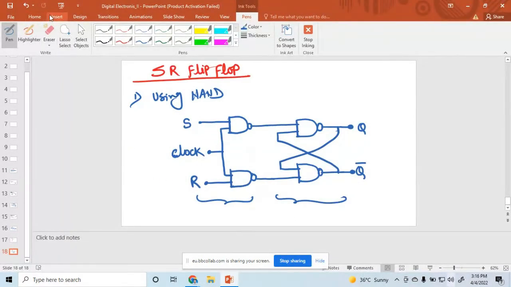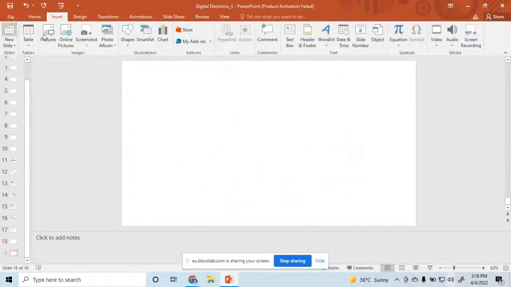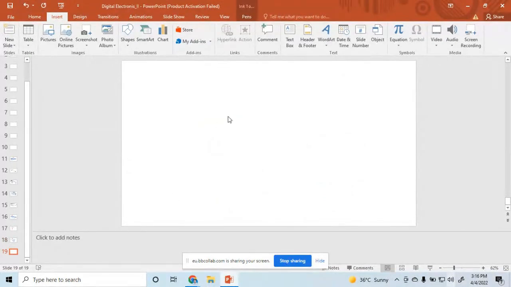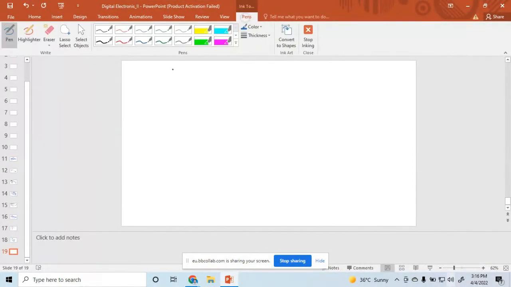Or you can design an SR flip flop using a NOR gate. So how to design it using a NOR gate? The second one is SR flip flop using NOR gate.